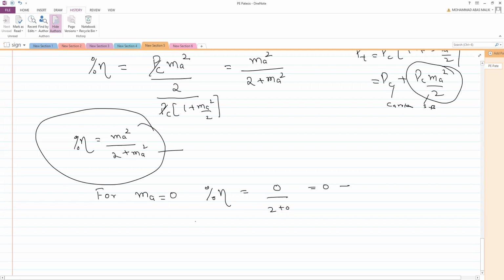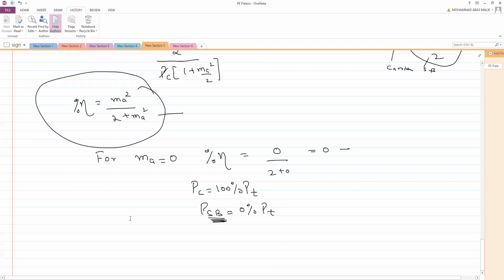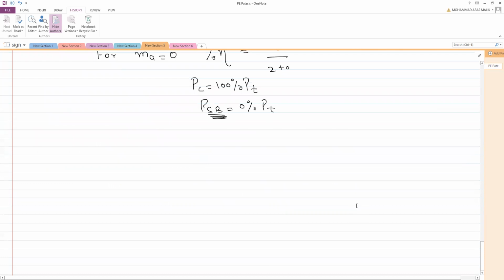Because the useful power is the sideband power, and it contains no power, the percentage modulation efficiency will be 0%.